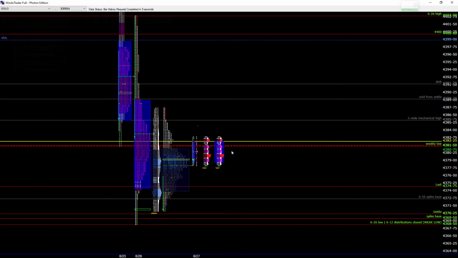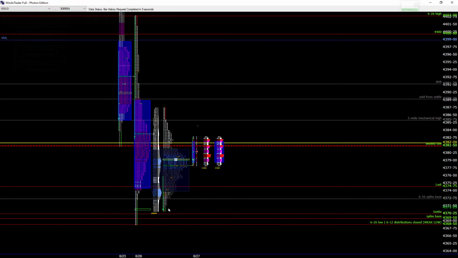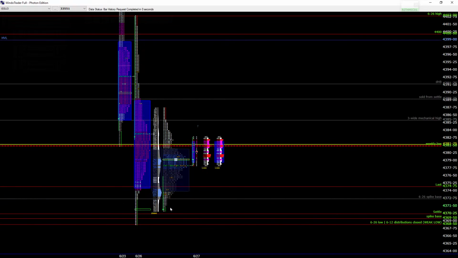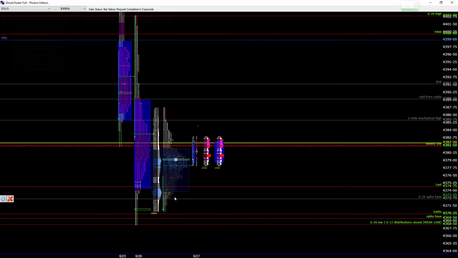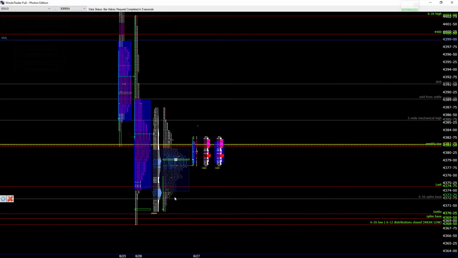Let's see if the market picks up steam. It's quite a movement now. Remember, overnight inventory is absolutely long, 100% long. If there is a correction to the overnight inventory, remember one of the most popular trades out there is correction of overnight inventory.